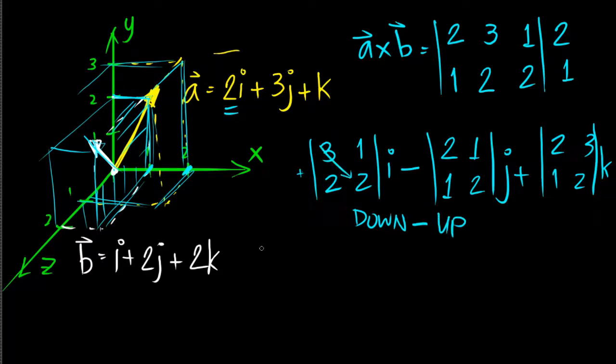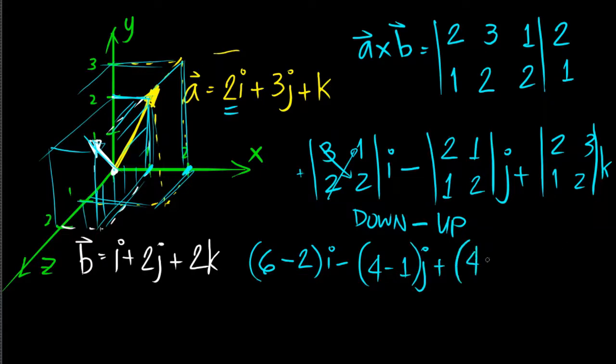So, 3 times 2 is 6 minus 2 times 1 is 2, for I. Minus down 4 minus 1 for J. Plus down 4 minus up 3 for K. So, 6 minus 2 is 4I, minus 4 minus 1 is 3J, plus 4 minus 3 is 1, just K.